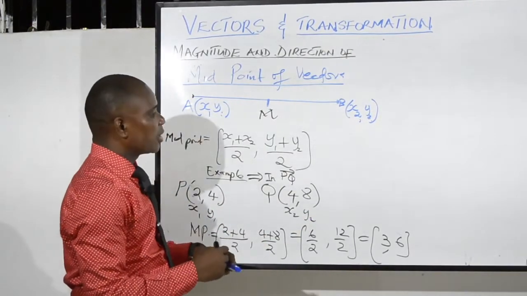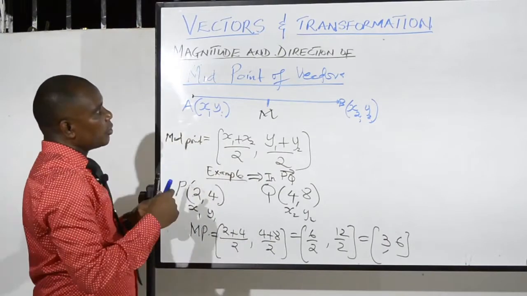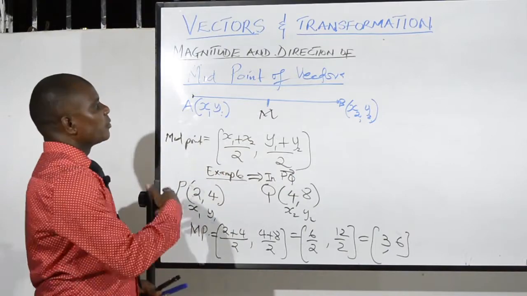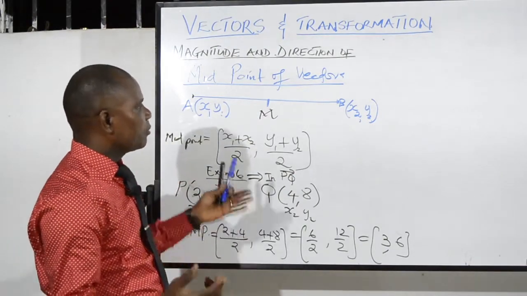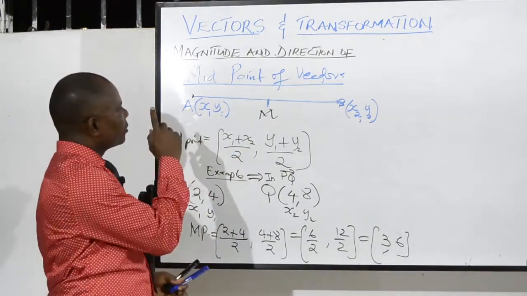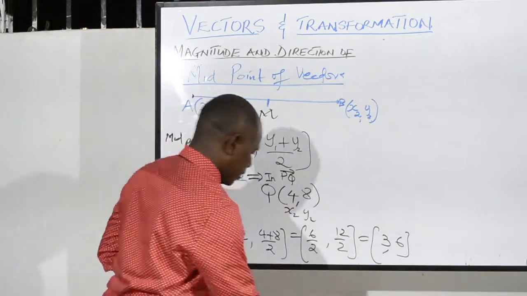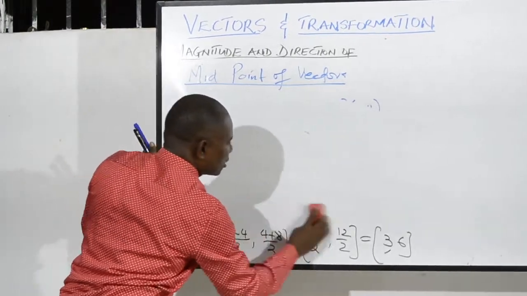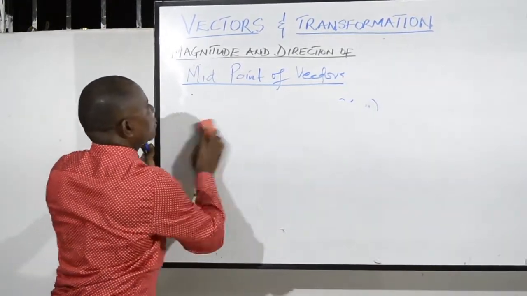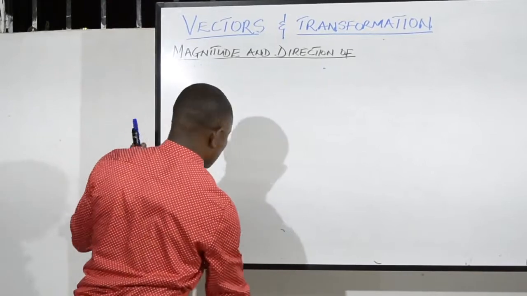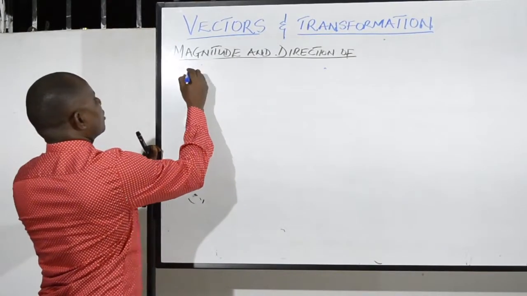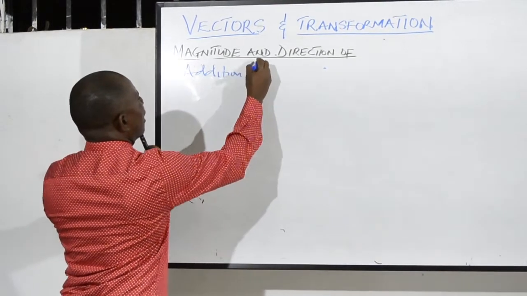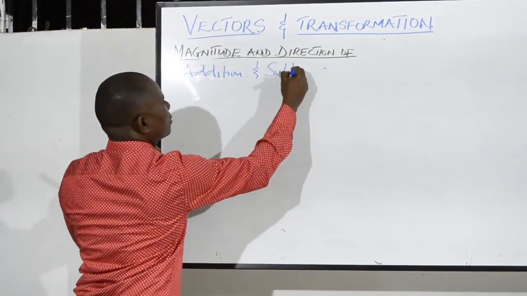Now we have done the magnitude of the vector, the direction of the vector, we'll look at the bearing of the vector, we have mapped the vector, and we want to look at the midpoints. Now we want to manipulate vectors much more, so watch out for this kind of question. We look at the manipulation of vectors, which covers addition and subtraction of vectors.